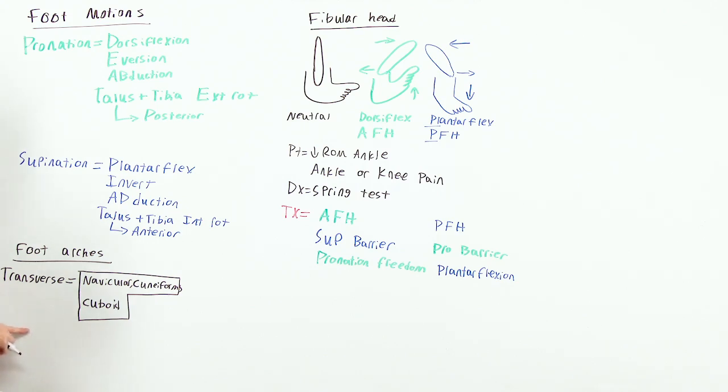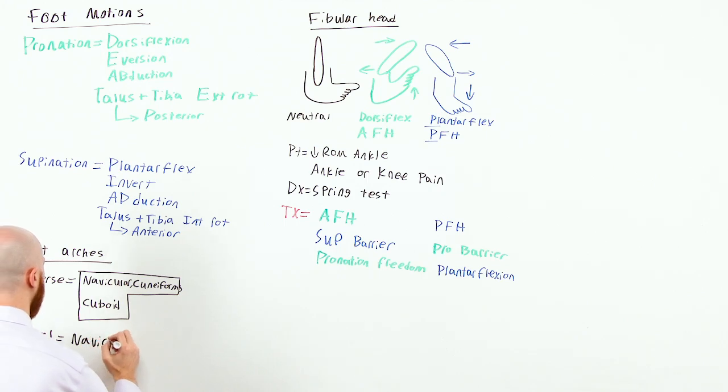So the next 2 arches are your medial and lateral. So these 2 arches have the exact same Tetris piece as a transverse arch. So we'll start with that.